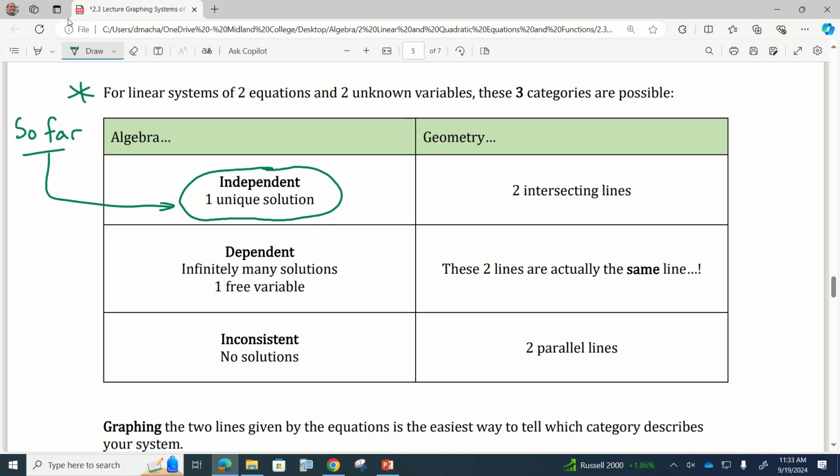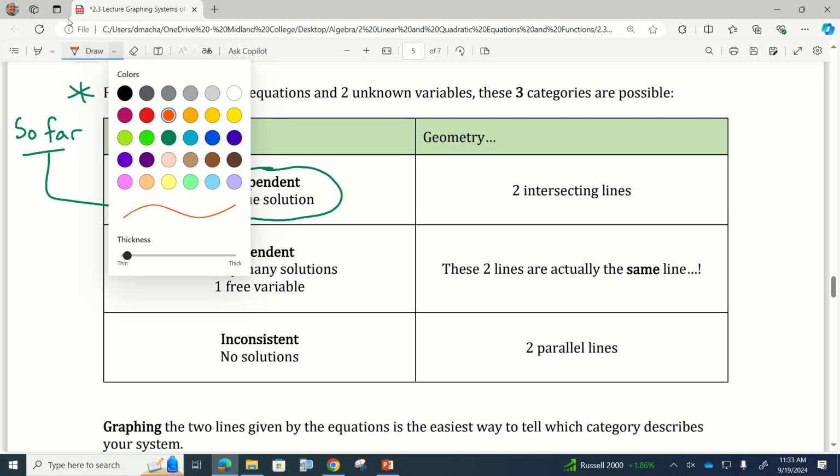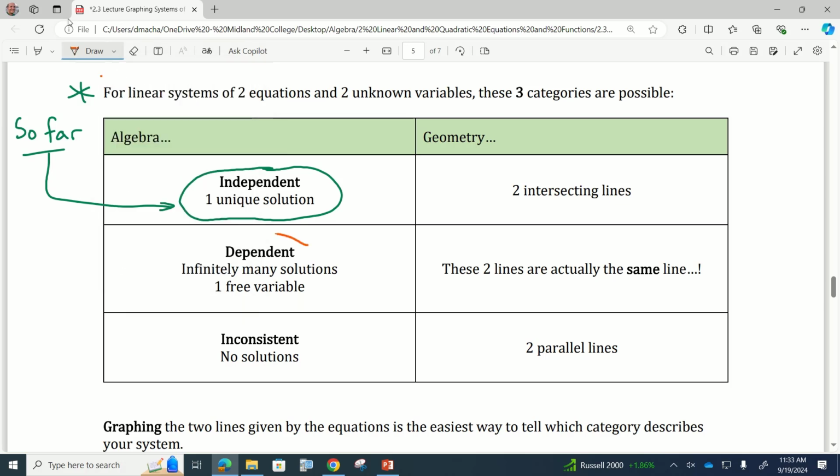Okay? The other categories that we're going to see today, we call them dependent systems of equations. And these are not very nice. We'll see an example that's going to make this make more sense. But you'll see 2 equations that look different when you just glance at them.